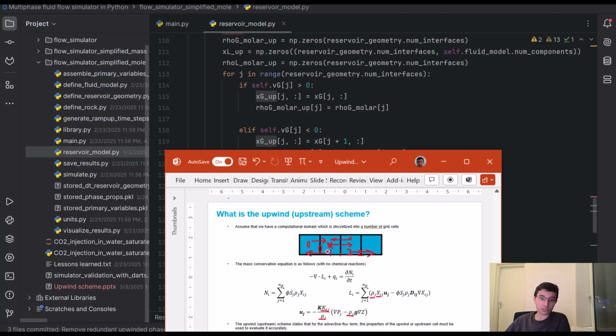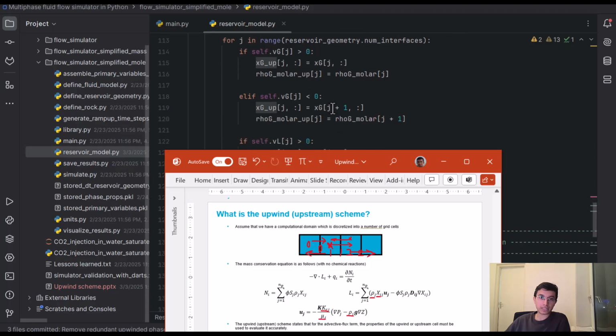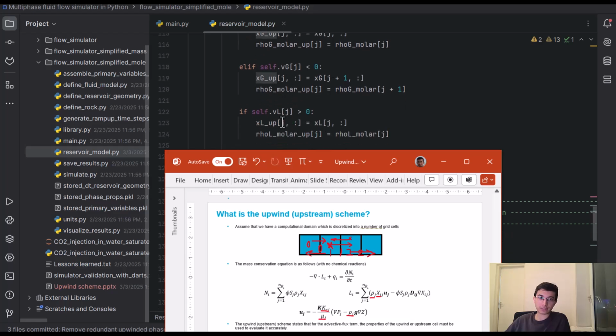We need to use the properties of the first cell in the advective term, and this is exactly what happens here. We get the x of J plus 1. We get density of J plus 1, and we store it in these variables on the left-hand side.